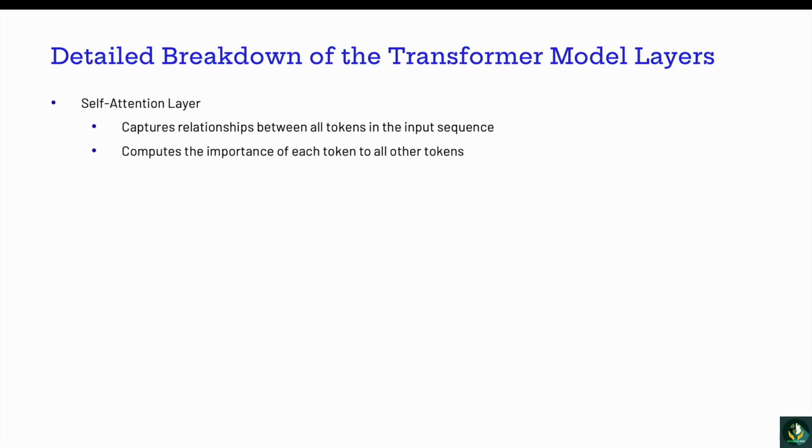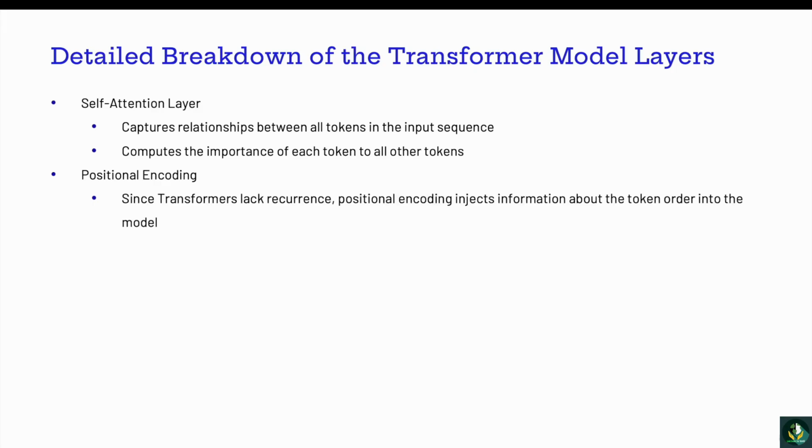Now let's go over the detailed breakdown of the transformer model layers. First, we have the self-attention layer, which captures relationships between all tokens in the input sequence. It computes the importance of each token to all other tokens. Next, we have positional encoding. Since transformers lack recurrence, positional encoding injects information about the token order into the model.